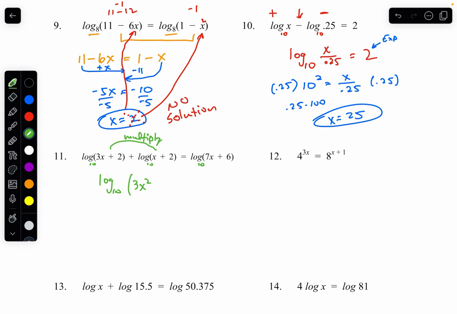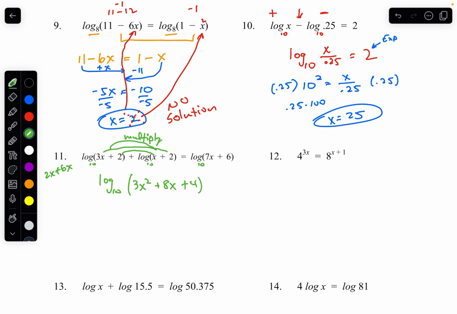The middle terms are the 2 times x and the 3x times 2. So that's 2x and 6x. So the 2x and the 6x, they're going to add up to 8x, and then 2 times 2 is 4. So that's a FOIL or box method, however you want to think of it.